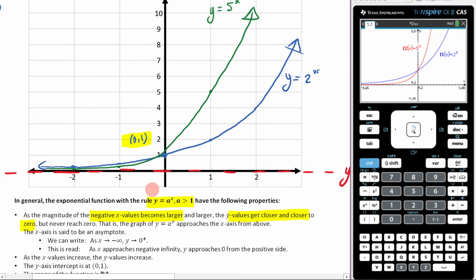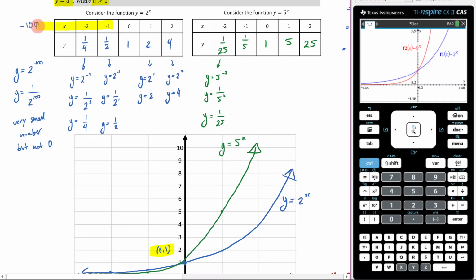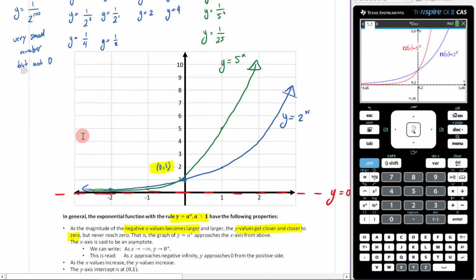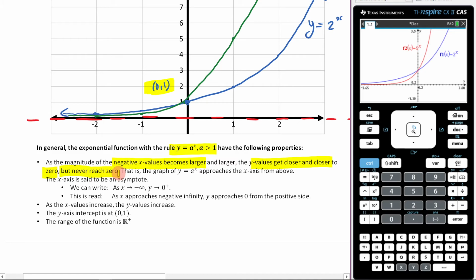We saw that as we were going through it. As I'm getting bigger and bigger negative values, I'm getting smaller and smaller y values. But it never reaches 0. That is, the graph y equals a to the x approaches the x-axis from above.